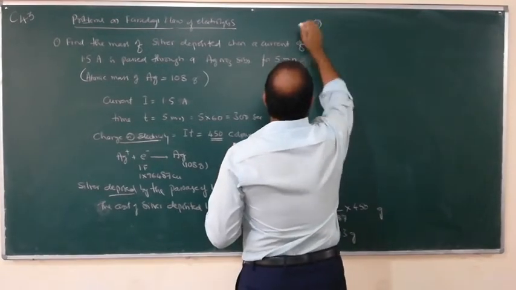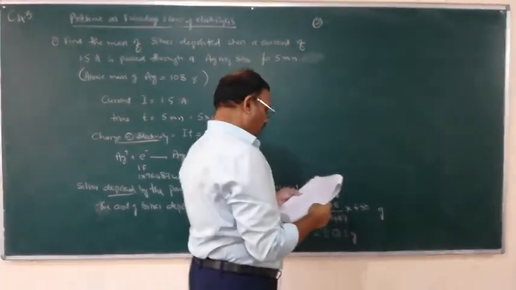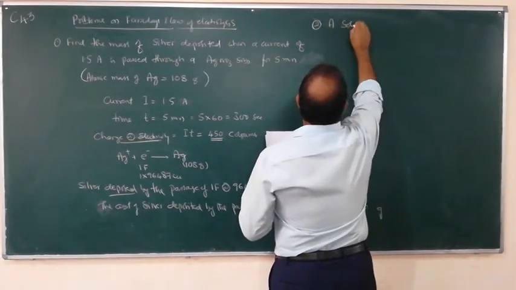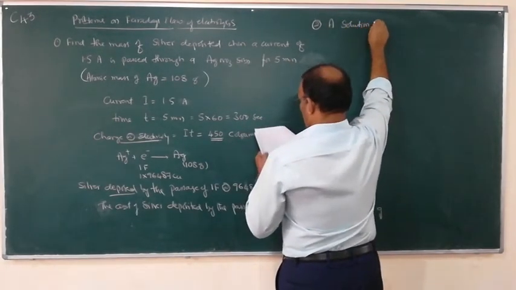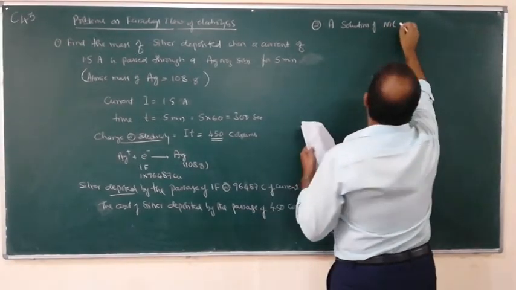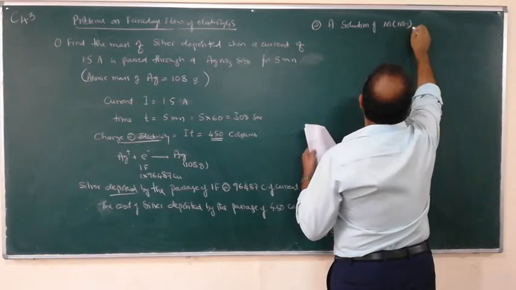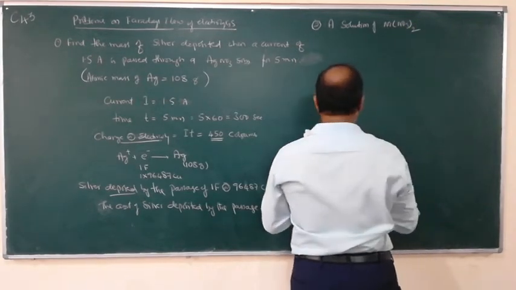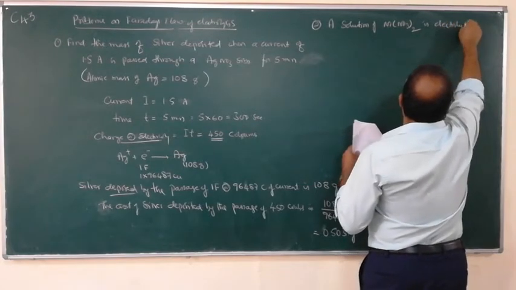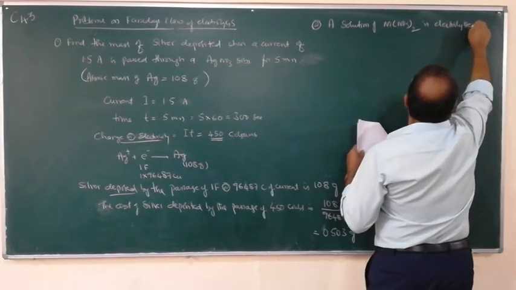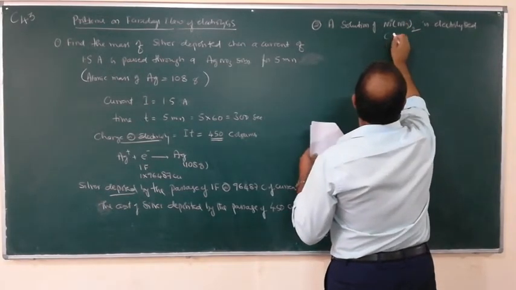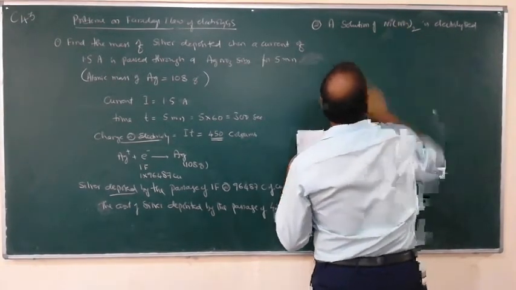So let us work. This is for your homework. A solution of nickel nitrate, Ni(NO3)2, is electrolyzed. So remember, nickel is a bivalent ion.